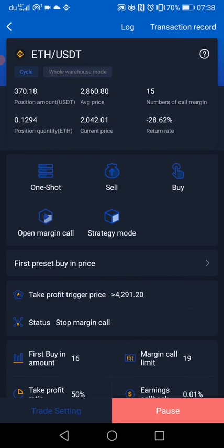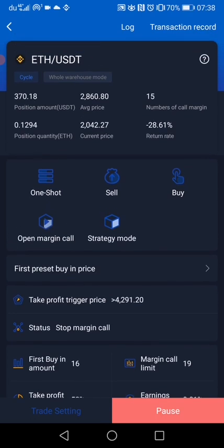Then the last one in this video is the return rate. The return rate is simply the distance from my current price to the average price. I repeat, the return rate is just how far my current price is from my average price.